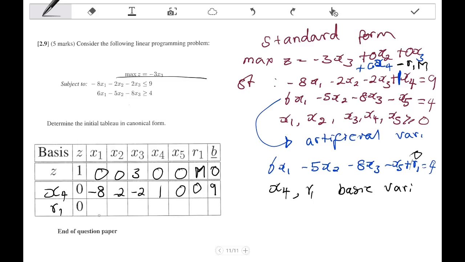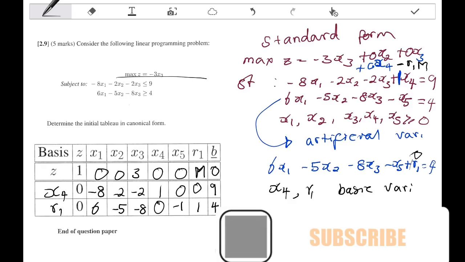So it's going to be 6, taking it from here, then minus 5, minus 8, then x4 is not there, so 0. x5 is minus 1, R1 is 1, then b is 4. Then you're done. This is the end of the question paper. See you next time.